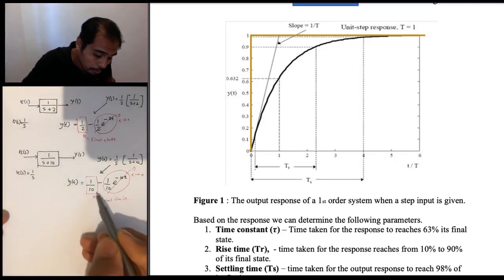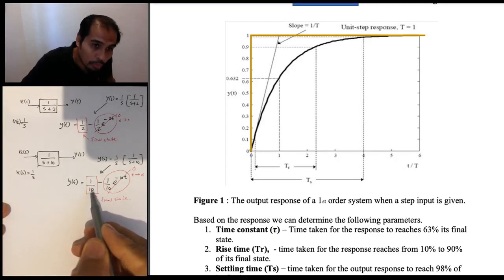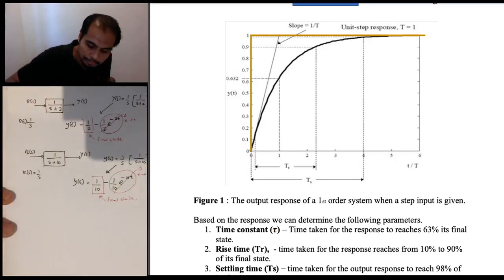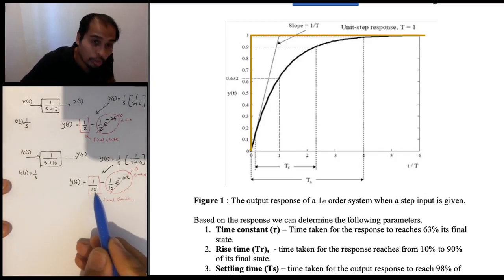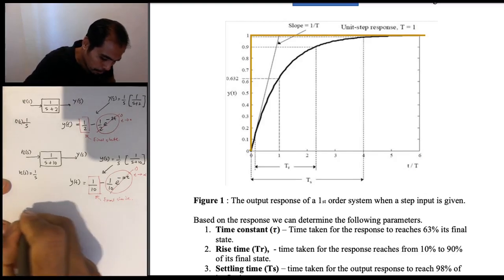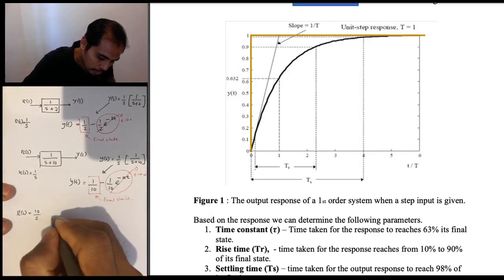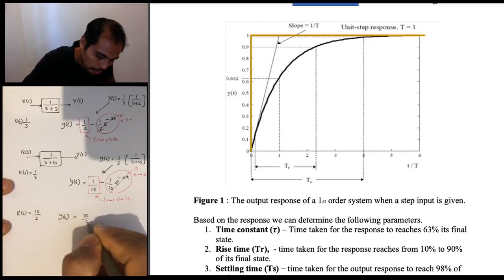Okay, if we want the final state to be some value, or maybe in this case equal to 1 instead of 1 over 10, we could increase the input to be 10 over s. That means instead of input 1 over s giving the output 1 over 10, the input is 10 over s, then this is 10 over s times s plus 10, right?